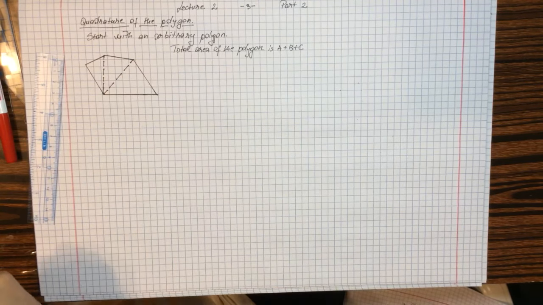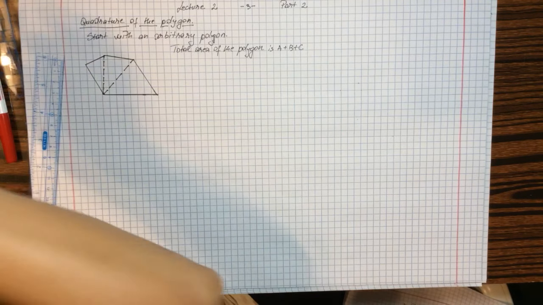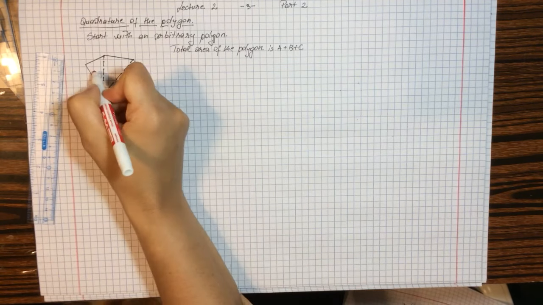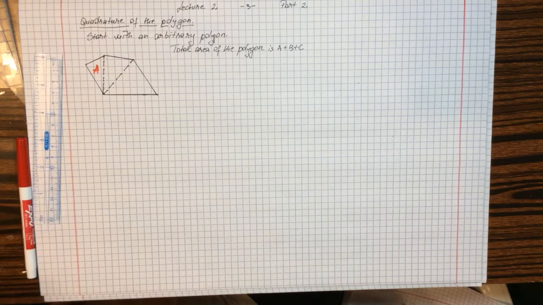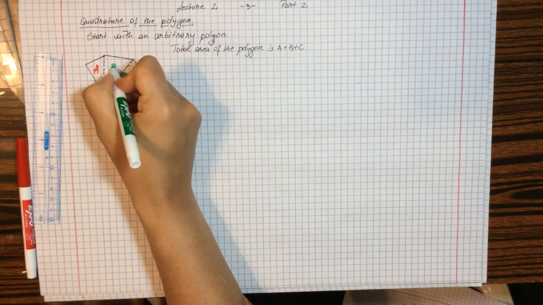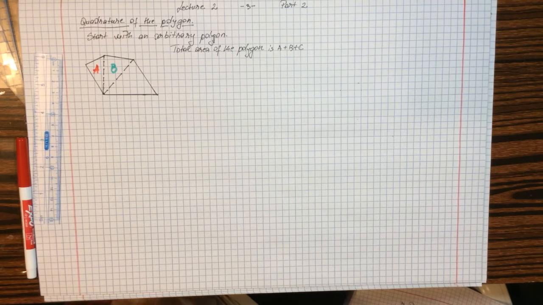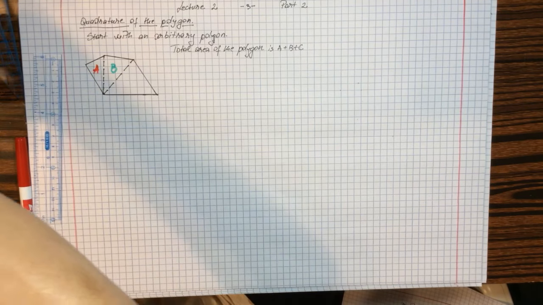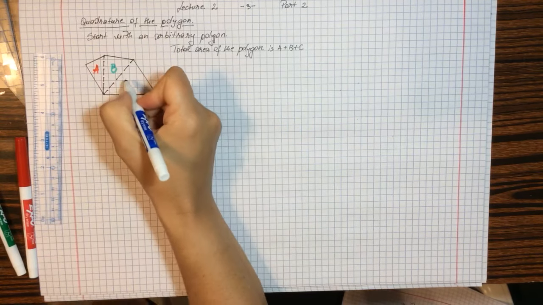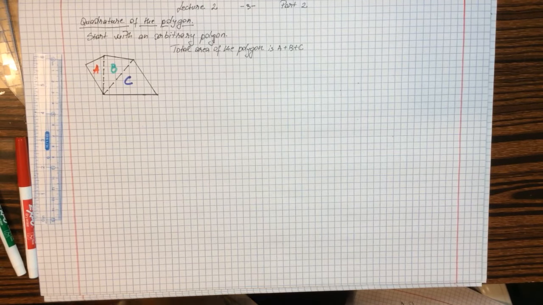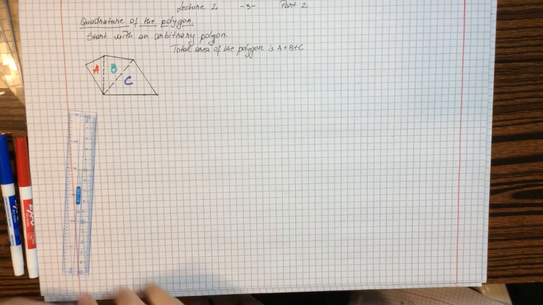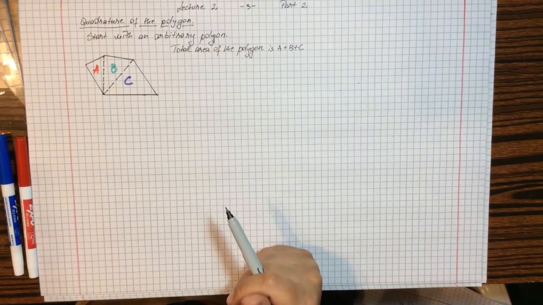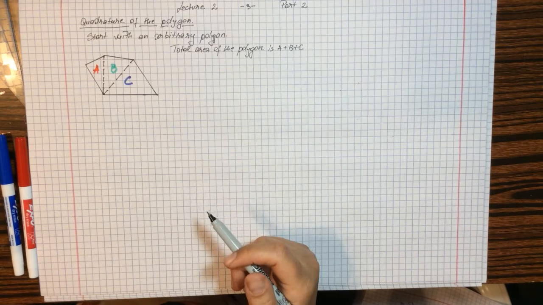I'm calling this triangle A. This is triangle B, and this other one is triangle C. So the total area of this polygon is the sum of the areas of these triangles that the polygon is made of. All I did is triangulate the polygon.